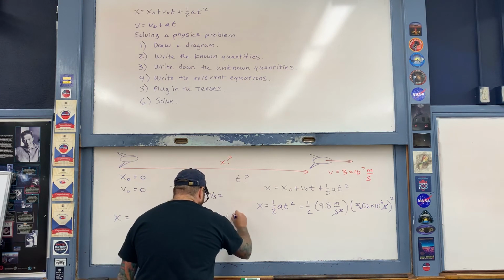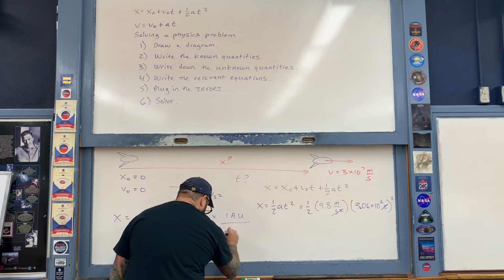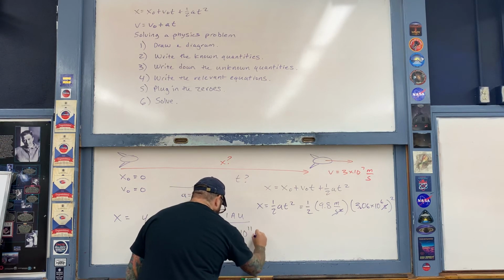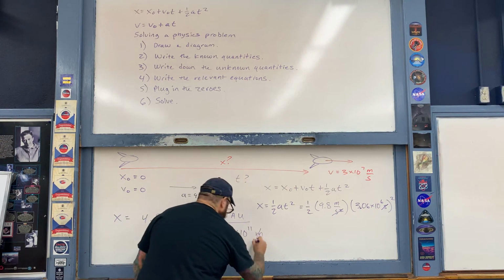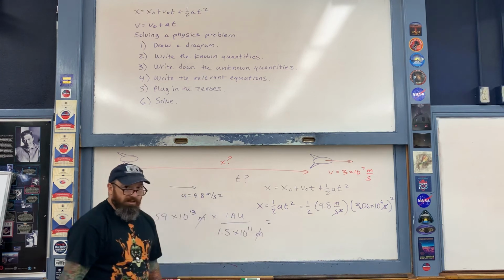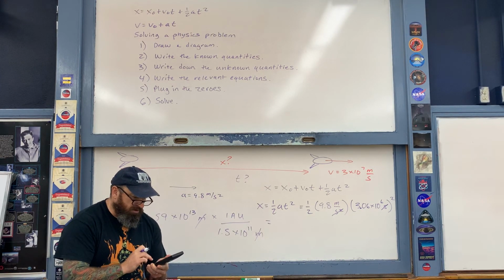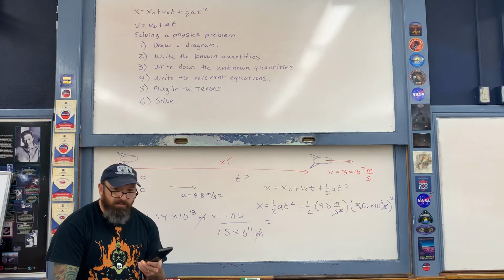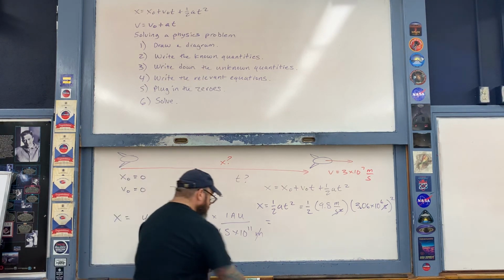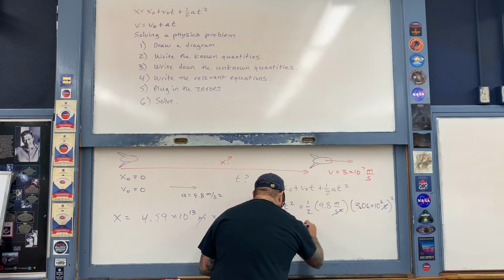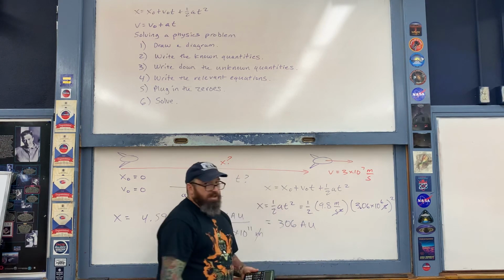Multiply by 1 AU per 1.5 times 10 to the 11th meters. The meters cancels out like so, and now let me go ahead and get this number. So divide by 1.5 times 10 to the 11th meters per AU, and I end up then, I'll round it off once again a little bit, with a distance of about 306 AU.